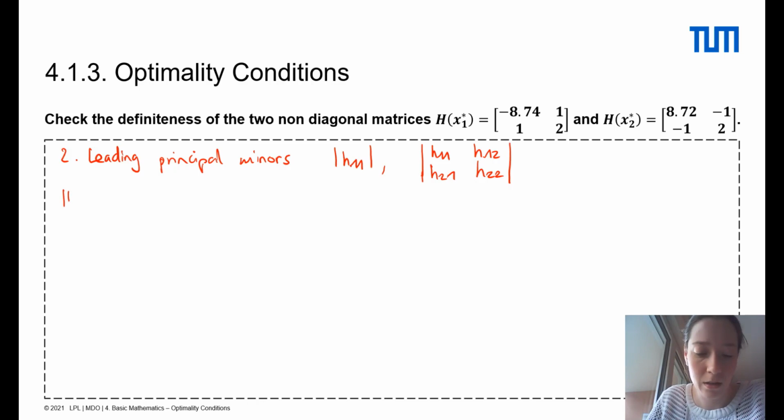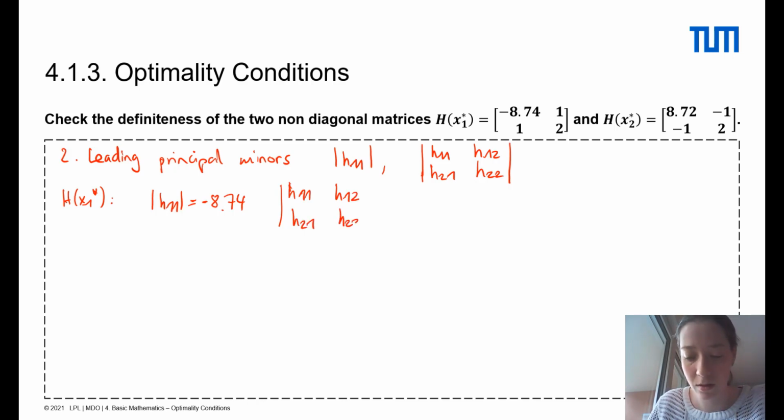Okay. For H of x1 star, we have the determinant of H11, it's just that component. And then we have to build the determinant, which is this times this minus this times this. We've done that before. It's minus 18.48. So since they are not both positive, we can't say from this what x1 actually is.